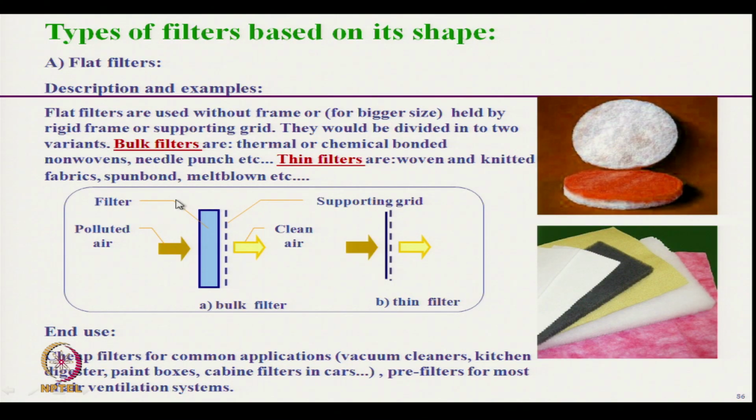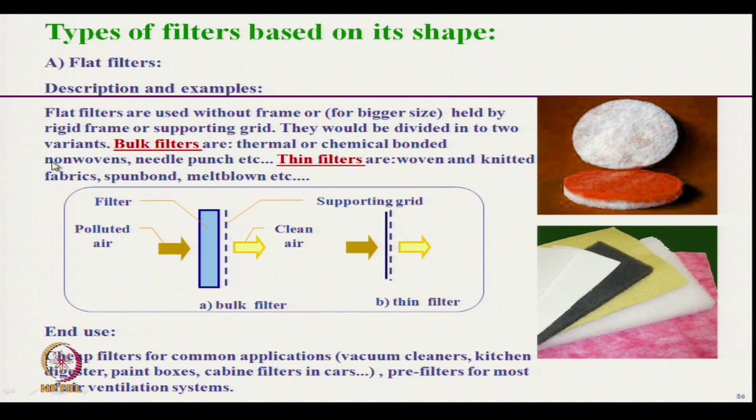The flat filters are the filters whose shape is flat, and these can be used without any frame, or we may sometimes need a frame. So, for smaller size with a thick or stiff filter fabric, we may not need a frame. These are used for bulk filters.